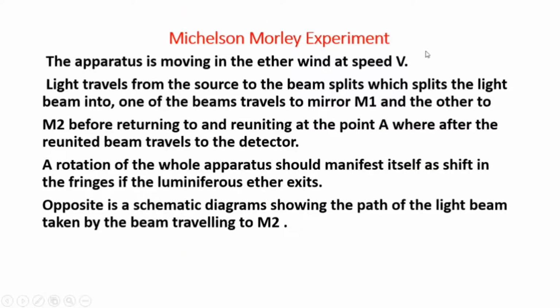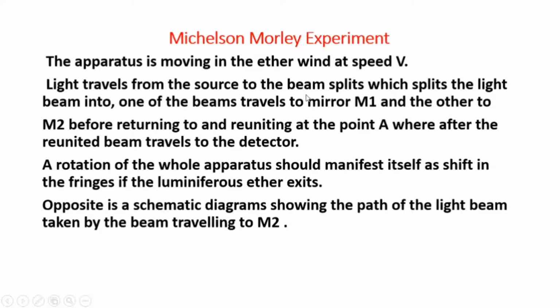The apparatus is moving in the ether wind at speed v. Light travels from the source to the beam splitter, which splits the light beam, one of the beams traveling to mirror M1 and the other to mirror M2, before returning to and reuniting at the point A, whereafter the reunited beam travels to the detector.